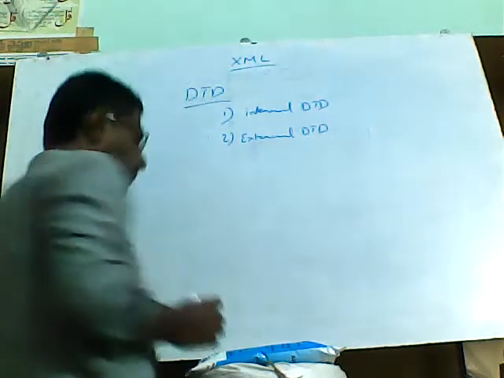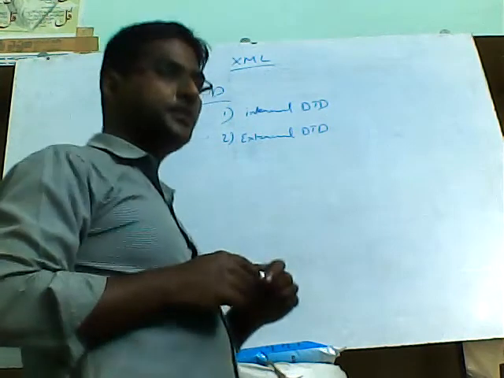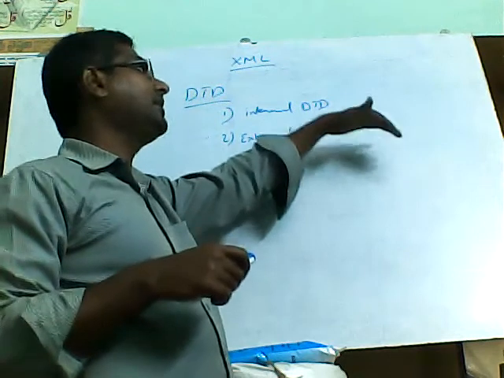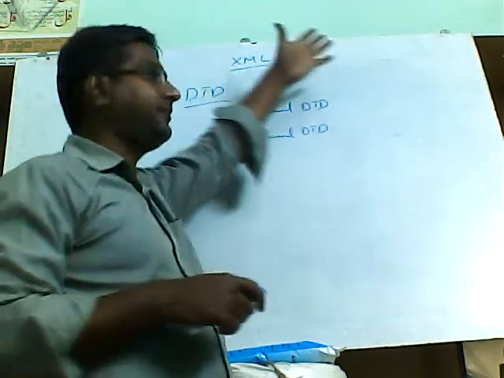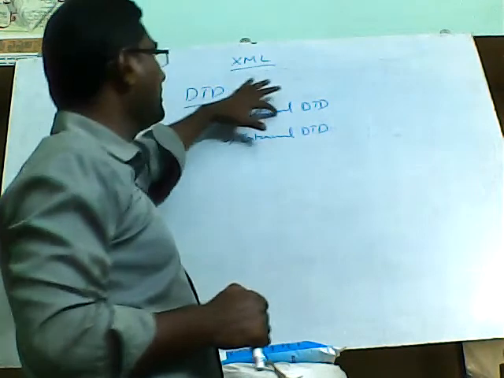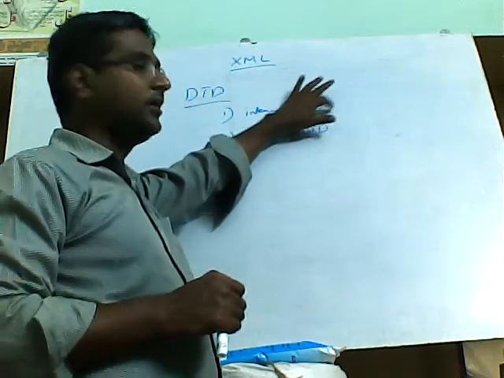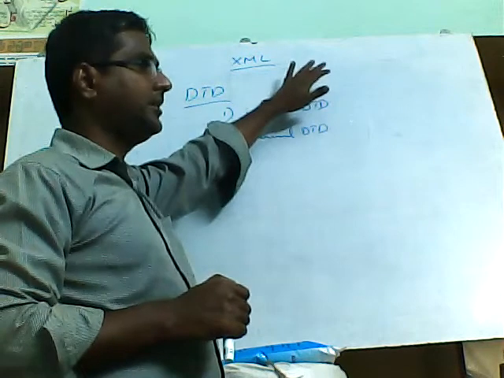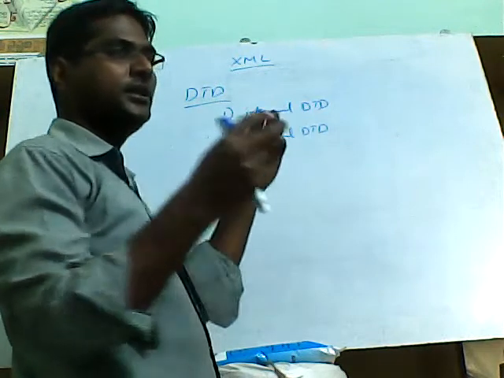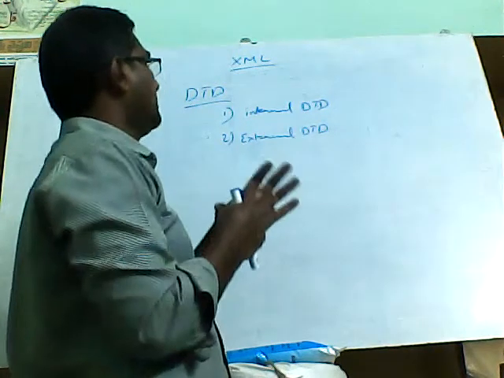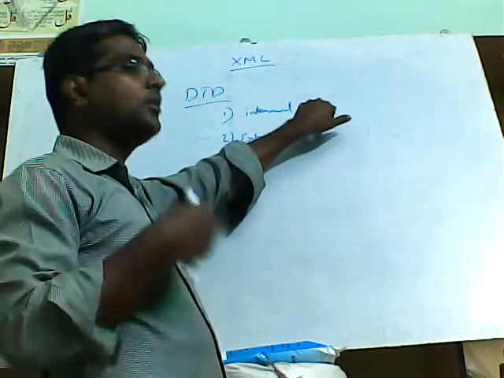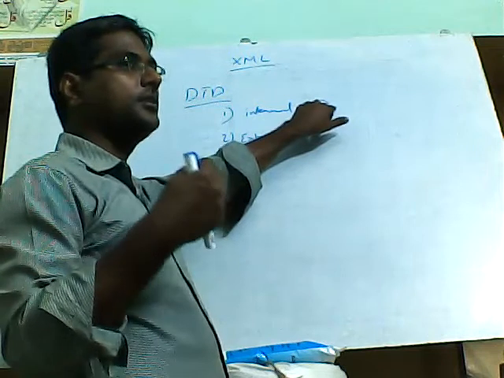See here, you can save the description of a document within the same XML file, or you can export the DTD to a separate file. That facility also will be available. Within a document, if you are storing the definition and XML document in only one file, you can link that DTD with that XML document by using some tag.